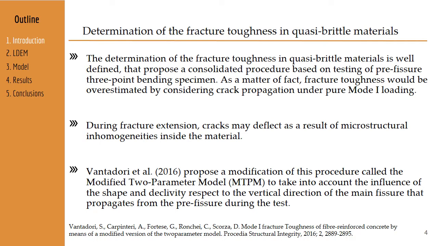So Vantadori et al. propose a modification of this procedure, called the modified two-parameter model, to take into account the influence of the shape and declivity, with respect to the vertical direction, of the main fissure that propagates from the pre-fissure during the test.